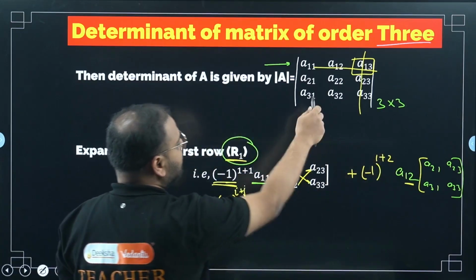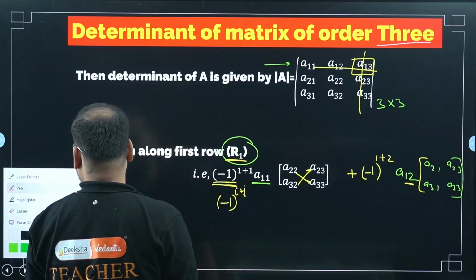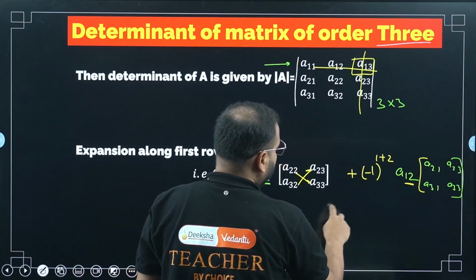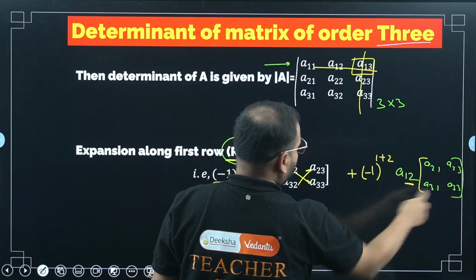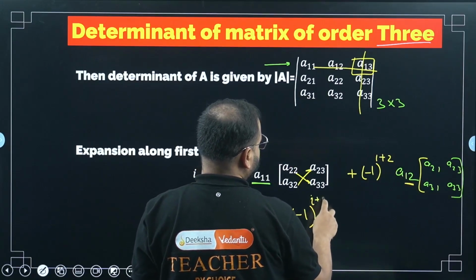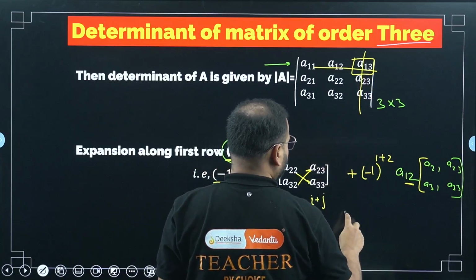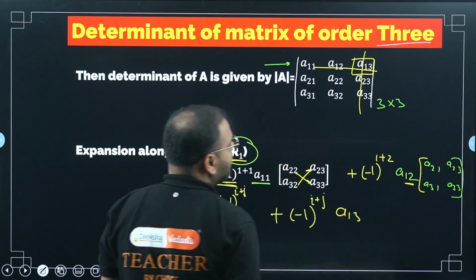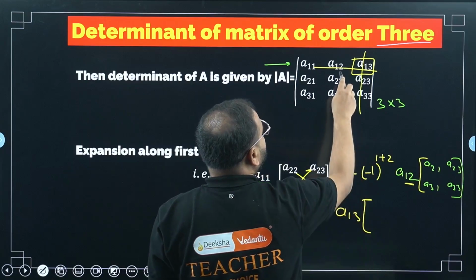So if I am doing it for A13, how will it look? It will become the same thing. So plus, this is a continuity from here. Plus minus 1 to the power i plus j I will write first, and this will be A13, and this becomes what? What is left out? This part.